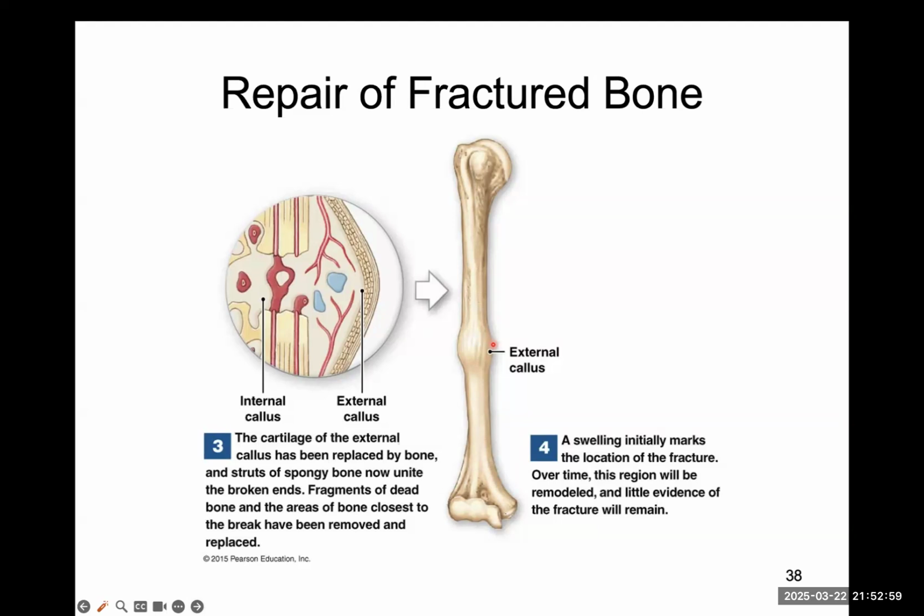And if it was not broken completely, but that only happens when you're a young adult. I don't know how many people here have broken their bones, but when you're a kid and you break a bone, it's going to heal nicely. And hopefully there won't be complications.